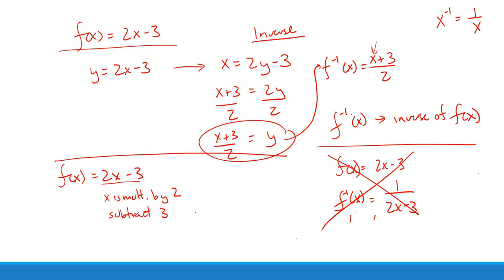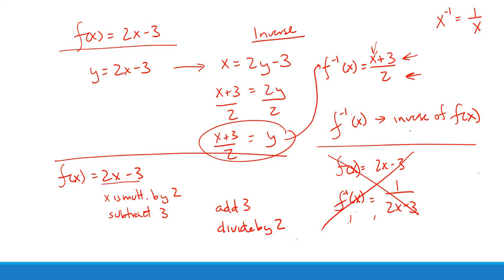If I want to undo that, I'm going to go in reverse order. I'm first going to add 3, undoing the subtraction, and then divide by 2, which undoes the multiplication. And if we look at our function over here, that's exactly what we did. We added 3 and divided by 2.